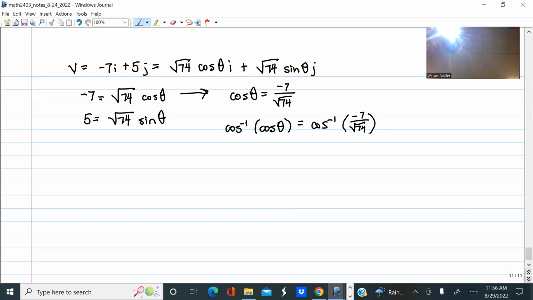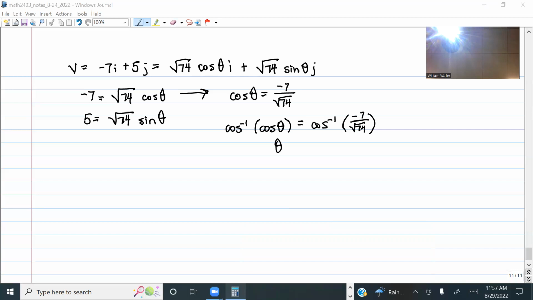Remember, these functions are almost inverses of one another, not quite, but close enough that we can say cosine inverse applied to cosine is just going to be theta. And then we have to figure out, well, what is the inverse cosine of minus 7 over the square root of 74? And that's where you're going to have your calculator to help you.